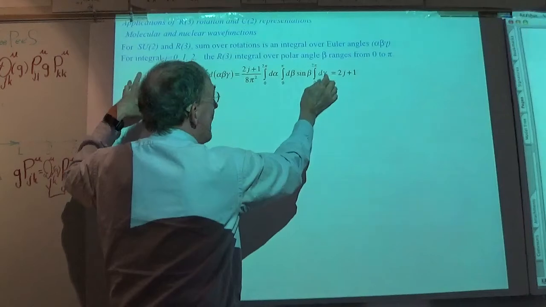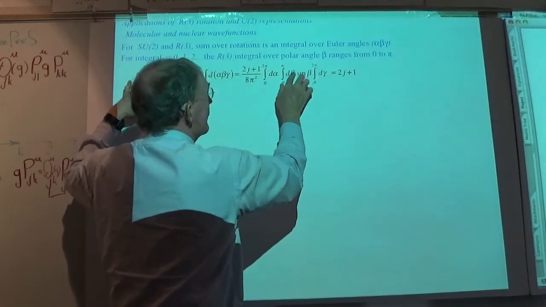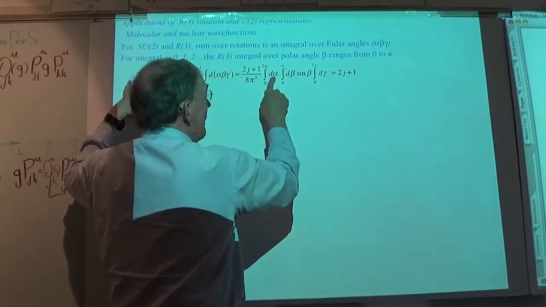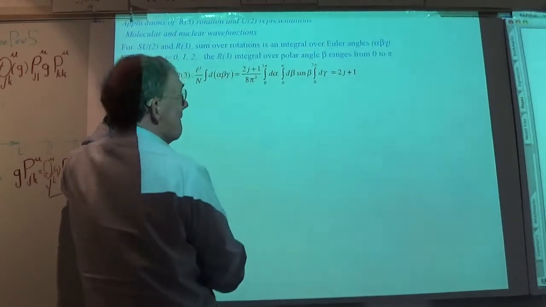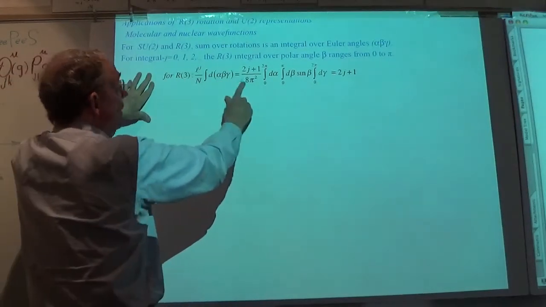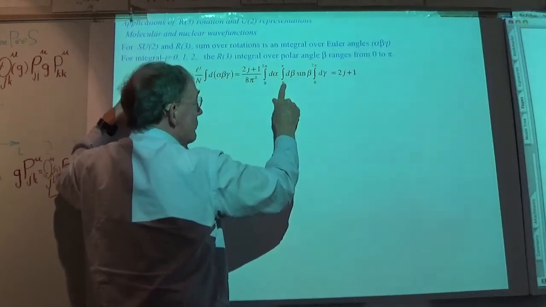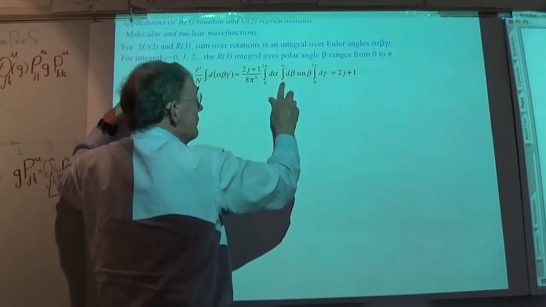This is the body part of it, and this is the connection between body and lab, and then this is the lab part. Now for R3, this comes out to be just 8 pi squared, because I only integrate between 0 and pi. That's all I have to do.